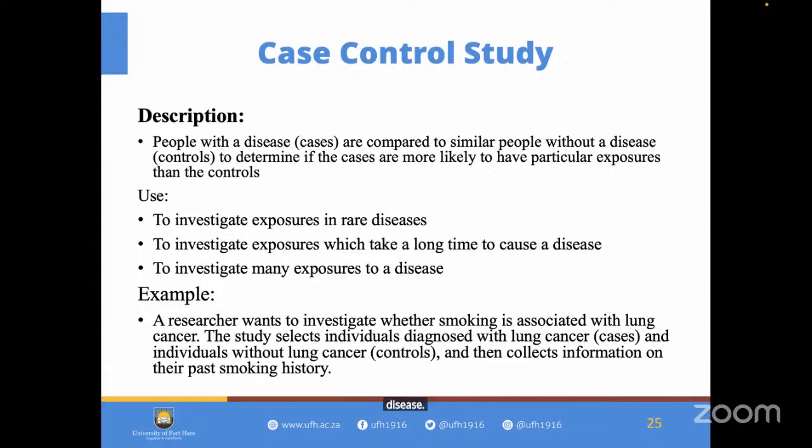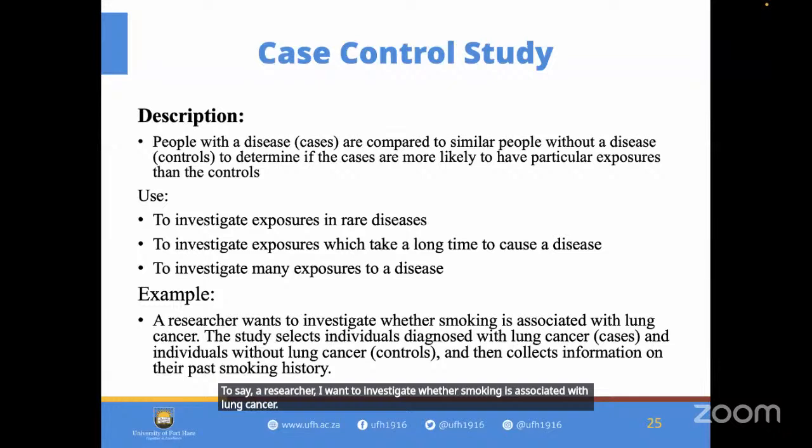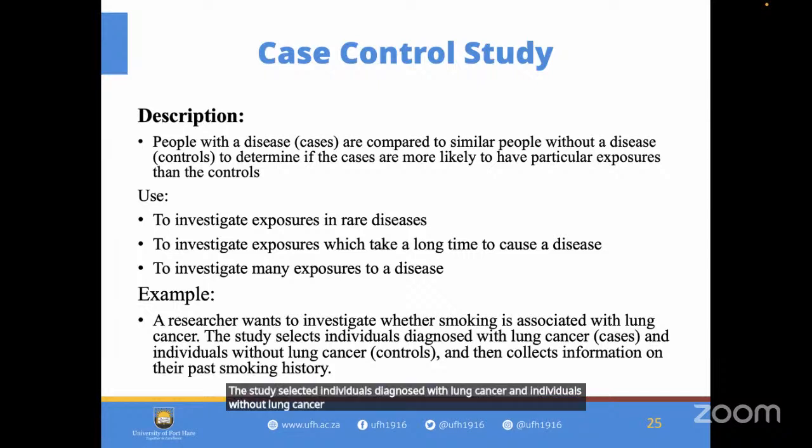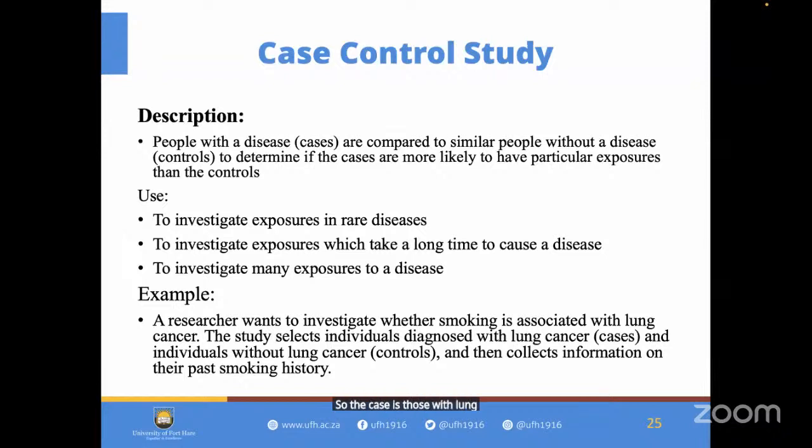An example that I gave here is, even though lung cancer is not a rare case, just a typical example. Say a researcher wants to investigate whether smoking is associated with lung cancer. The study selected individuals diagnosed with lung cancer and individuals without lung cancer, which is the control. So the cases are those with lung cancer, the ones without lung cancer are the controls.